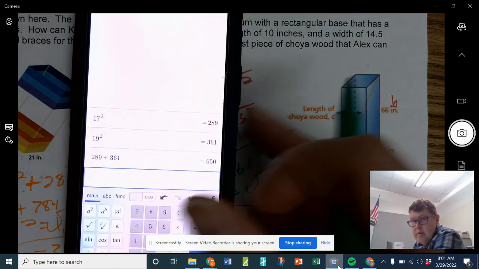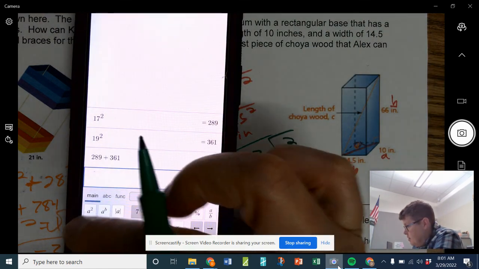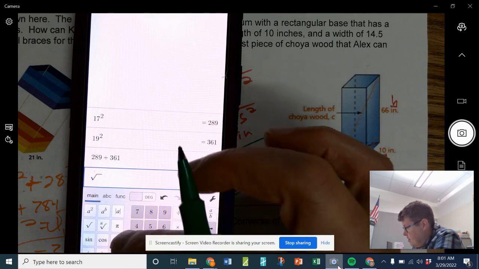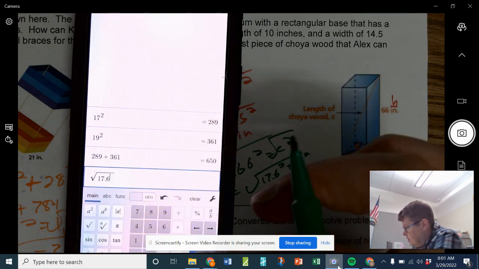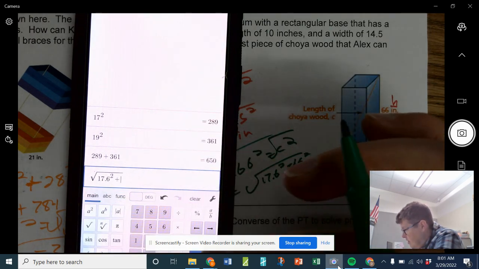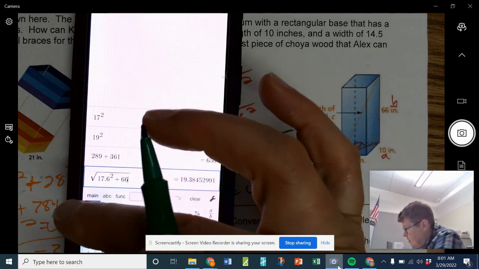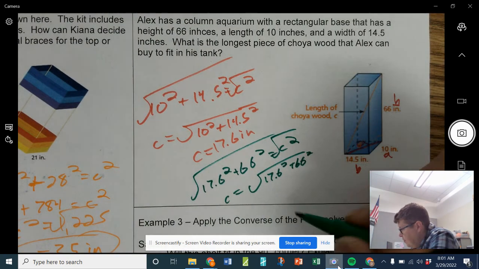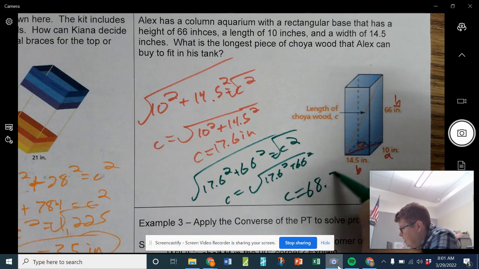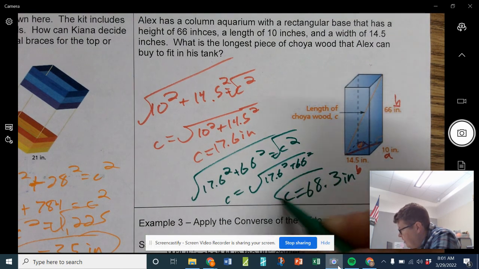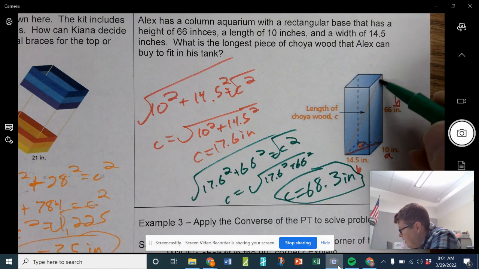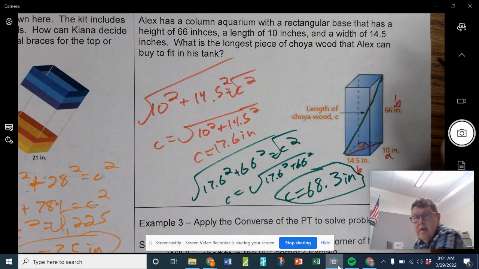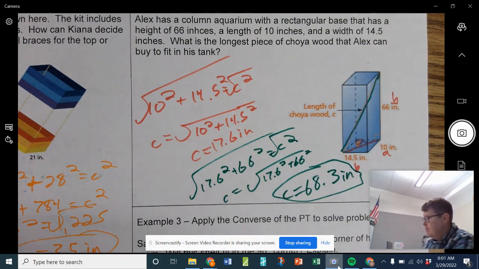Over here, maybe. There we go. Okay. So the square root of 17.6 squared plus 66 squared gets us 68.3. So that is what we're looking at right there. That's our ultimate answer for the length of cholla wood, which I've never heard of because I'm not an aquarium guy. What are you going to do?